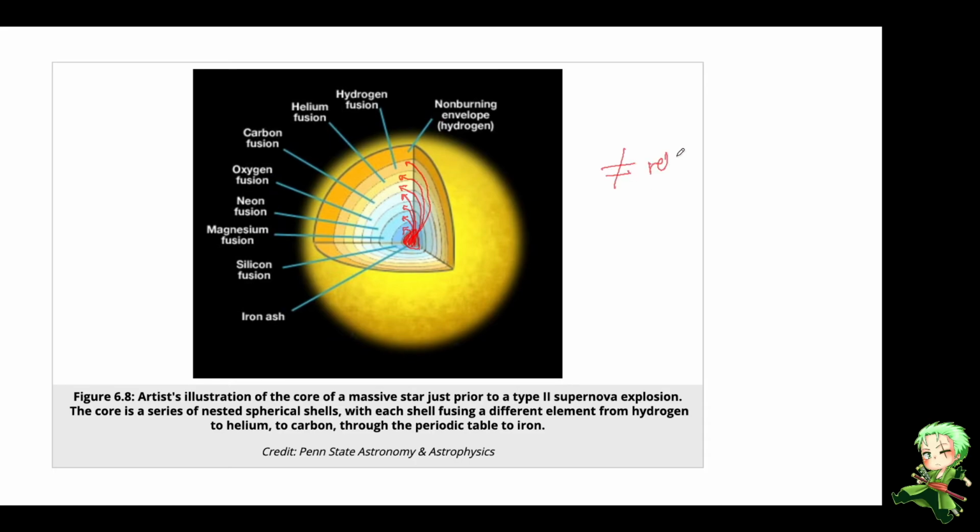Iron fusion does not release energy; it absorbs energy. If it does not release energy, then the balance we discussed earlier, between the thermonuclear force from the fusion energy in the core and the force of gravity, is lost. Since the core of high mass stars is now iron, which will not release energy, that outward force disappears.